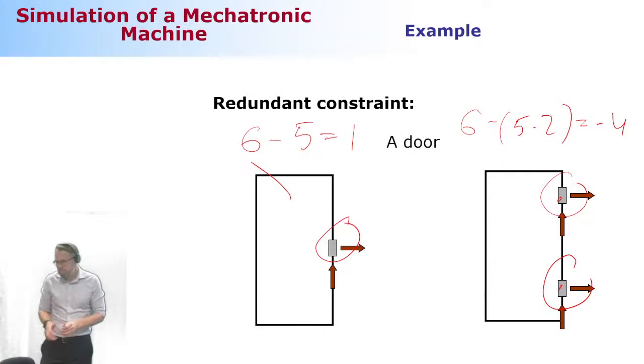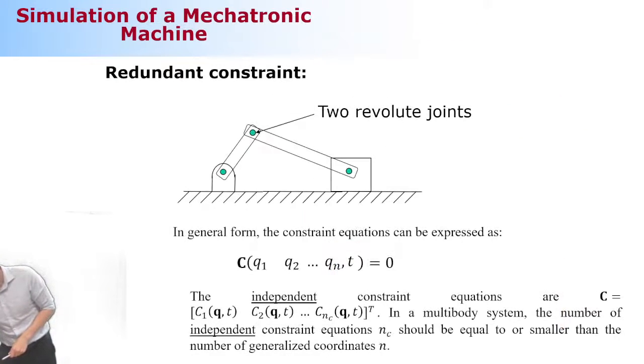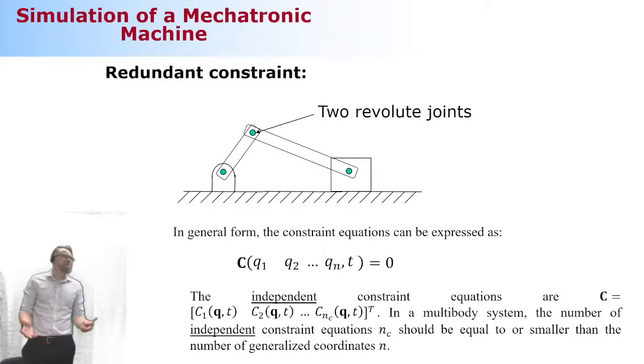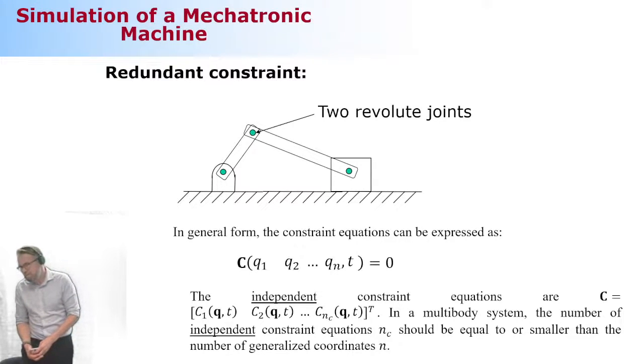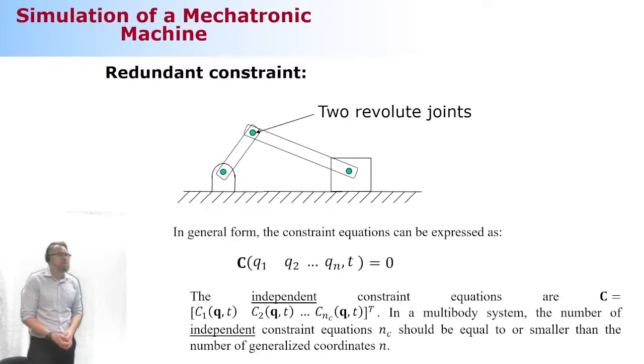If you look at the lecture notes, I don't know if you printed out the lecture notes as I instructed you to do in the very beginning. Probably you didn't. But anyway, if you have a case like this, it's called redundant constraints. Not very serious because it's redundant. They're eliminating the same motion.